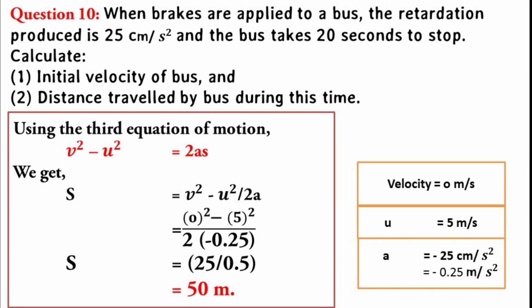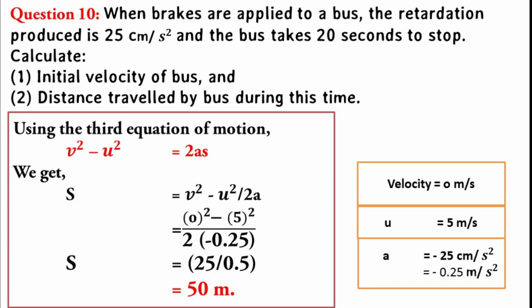V square minus u square is equal to 2as and s is equal to v square minus u square divided by 2a. Substituting the values, 0 square minus 5 square divided by 2 into minus 0.25, which is equal to minus 25 divided by minus 0.5, which is equal to 50 meter.